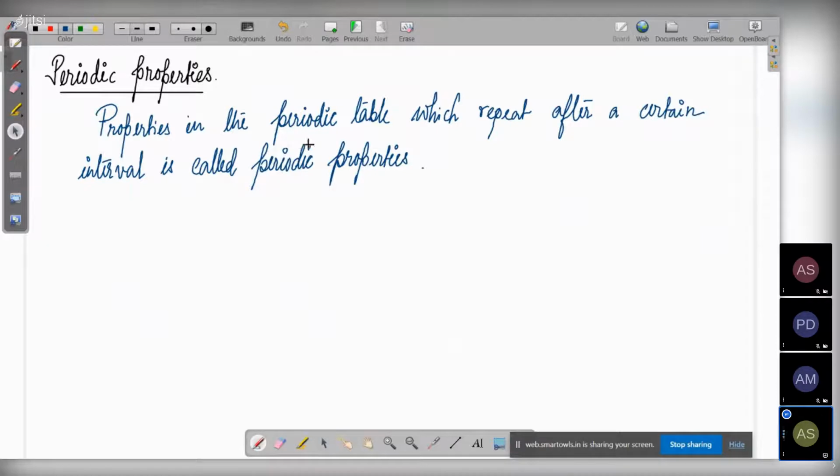Properties in the periodic table which repeat after a certain interval are called periodic properties.